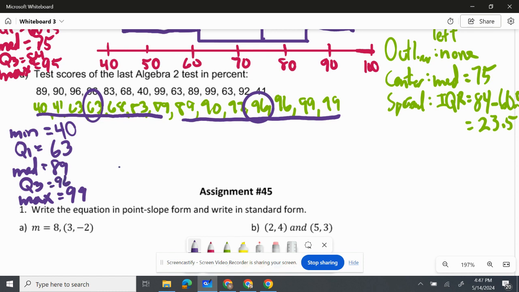Now for this one right here, when I graph it, I'm going to label it because we actually have Algebra 2 test scores. So I'm going to put Algebra 2 test scores.